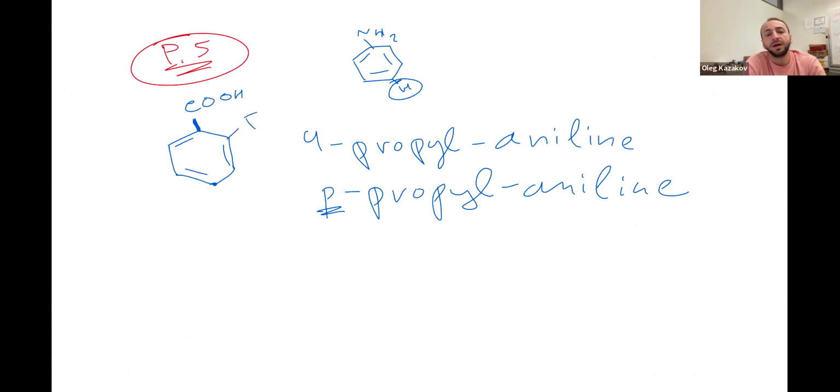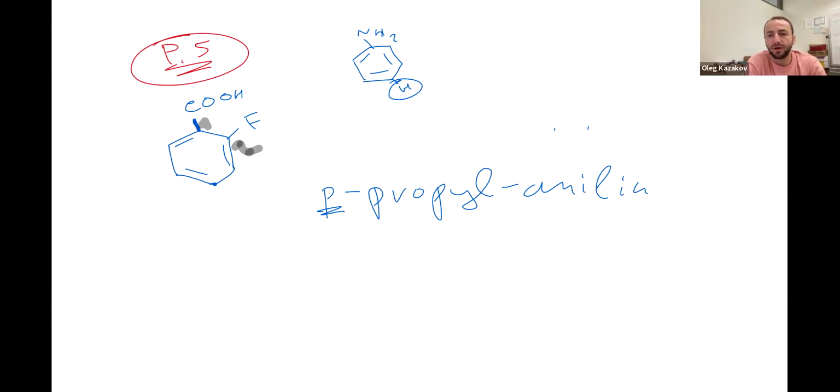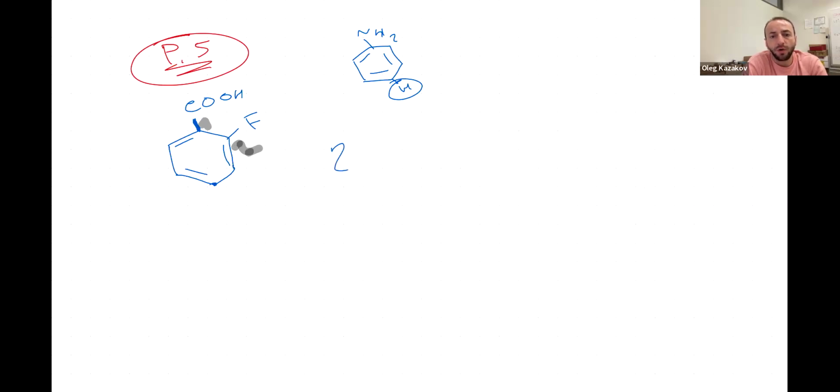In this case, fluorine is going to be in position number 2, as you might guess, 1, 2. That's a 2 right here. So we're going to have another molecule here. In terms of numbers, we are going to have 2-fluorobenzoic acid.